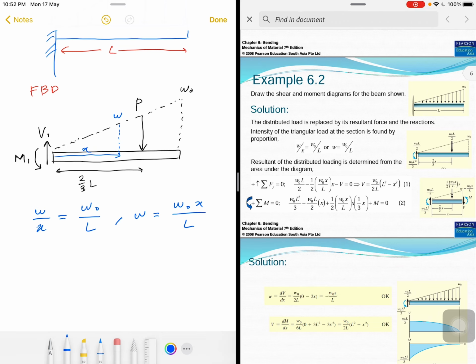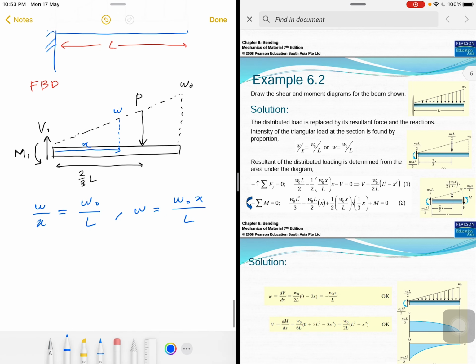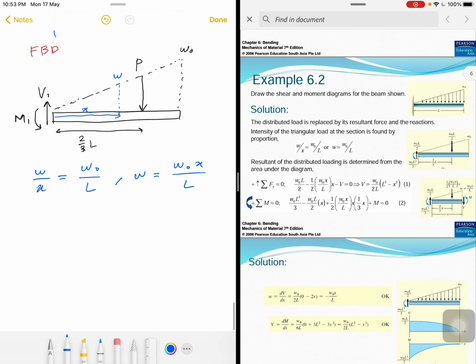So now that is the free body diagram for the overall structure, but right now we want to investigate the free body diagram when we cut the beam at the middle.